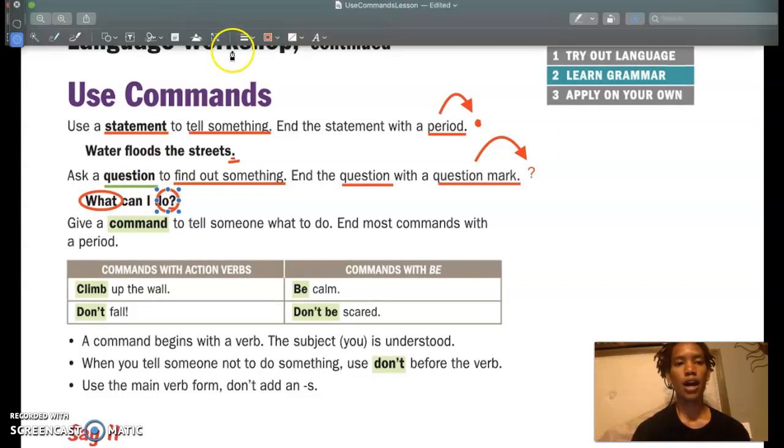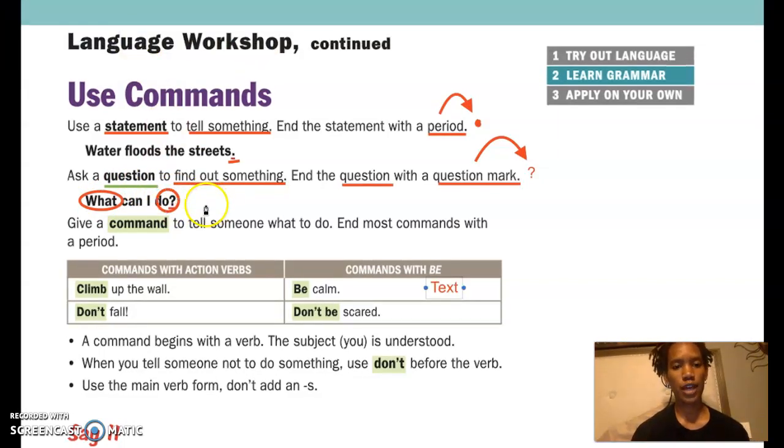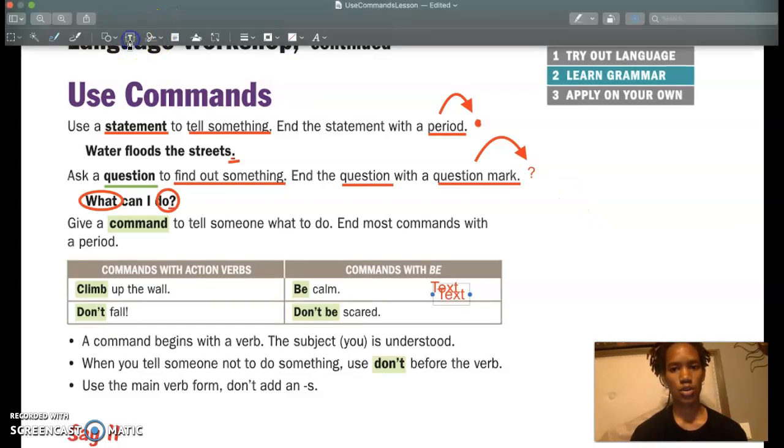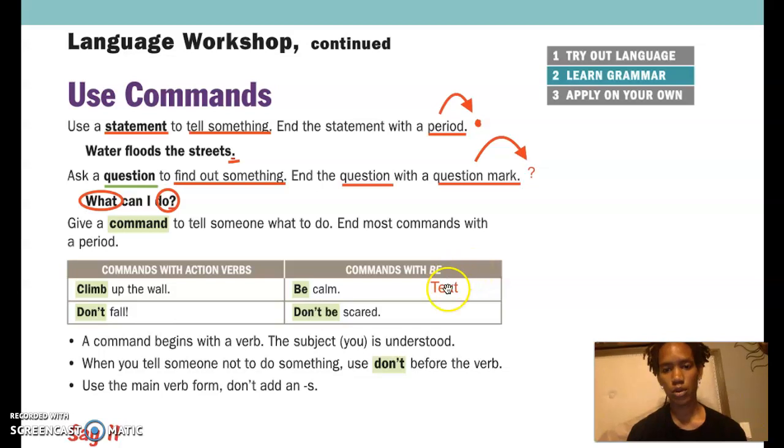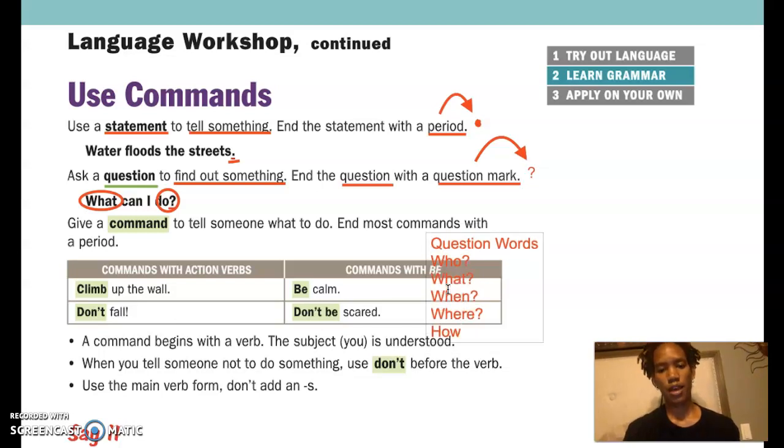One thing that I do want to put on here for you guys is question words: who, what, when, where, how, why.